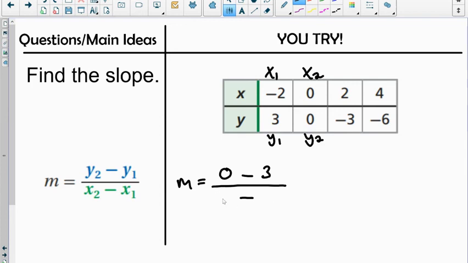On the denominator, what number would go first? Our x sub 2, or our second x-coordinate, should be 0. And finally, what number goes in the last blank? Our x sub 1, in other words, our first x-coordinate, is negative 2.